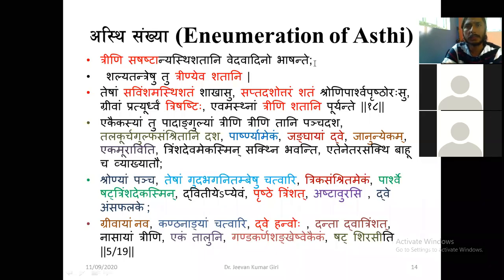You can write the meaning also. Here Charaka also says 360 and Ashtanga Hridaya also says 360.